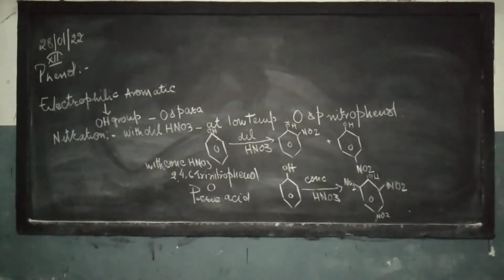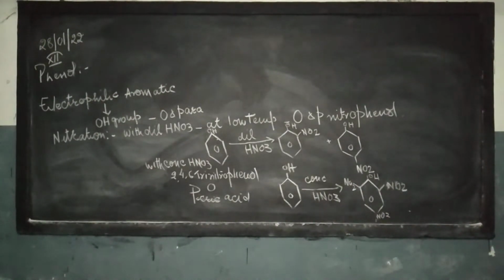This question was asked a number of times in board examinations. So the answer is, when nitration is carried out with concentrated nitric acid, we get 2,4,6 trinitrophenol, also known as picric acid.